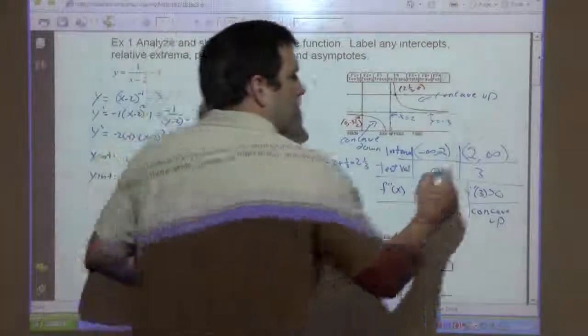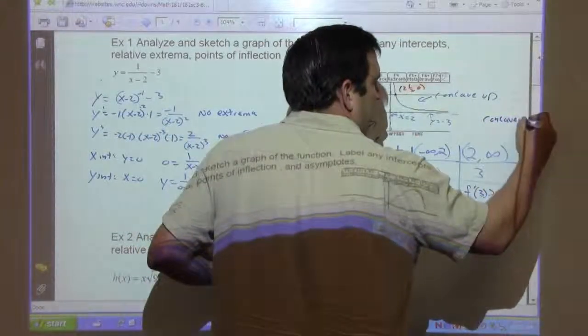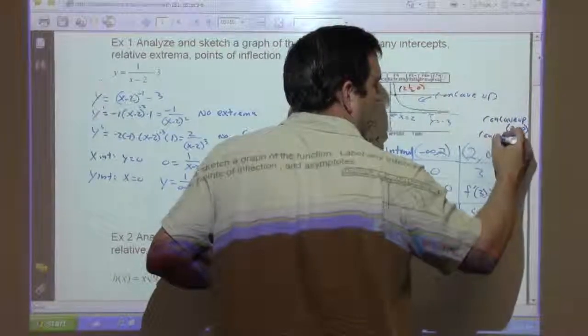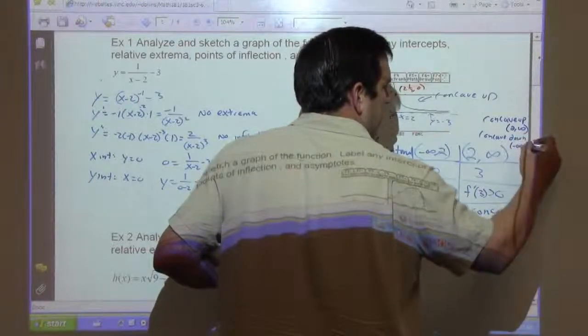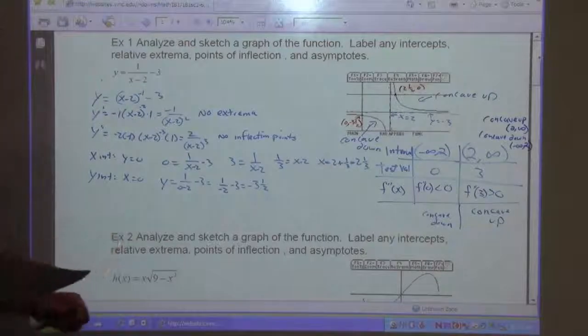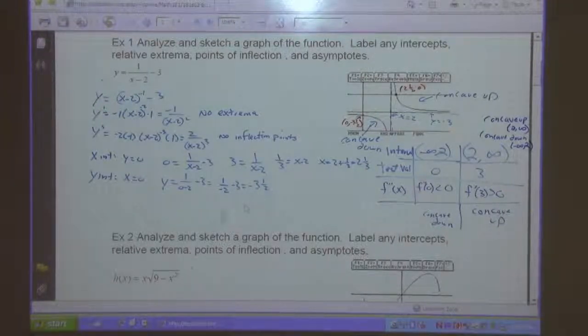So concave up from 2 to infinity, concave down from negative infinity to 2. And that'll summarize that graph. Okay, I'm going to go on to example 2 here. So feel free to pause that one.